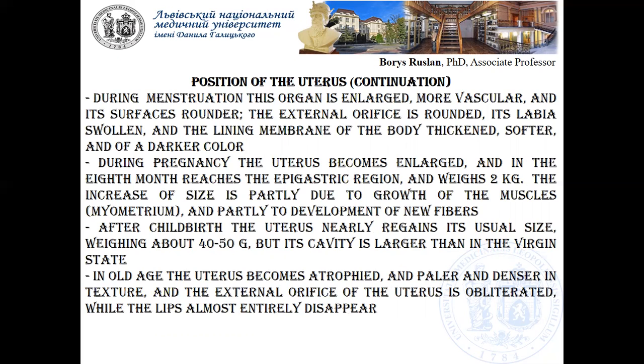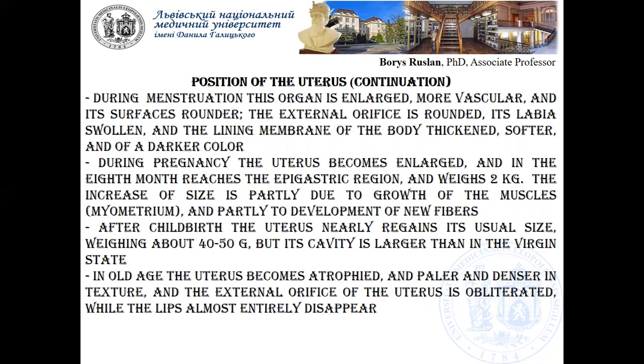During pregnancy, the uterus becomes enlarged, and in the eighth month reaches the epigastric region and weighs 2 kilograms. The increase in size is partly due to growth of the muscle myometrium and partly to development of new fibers.